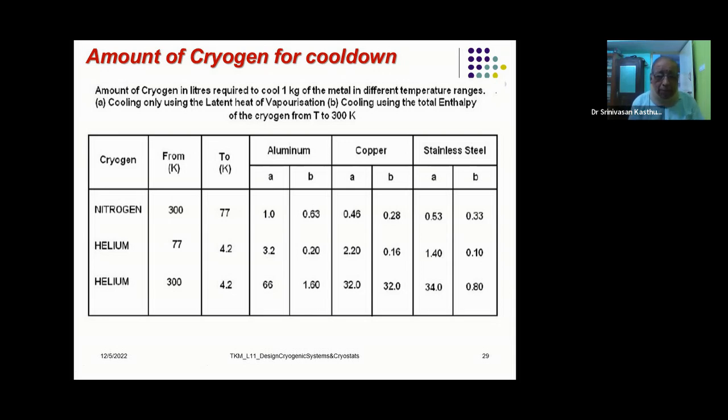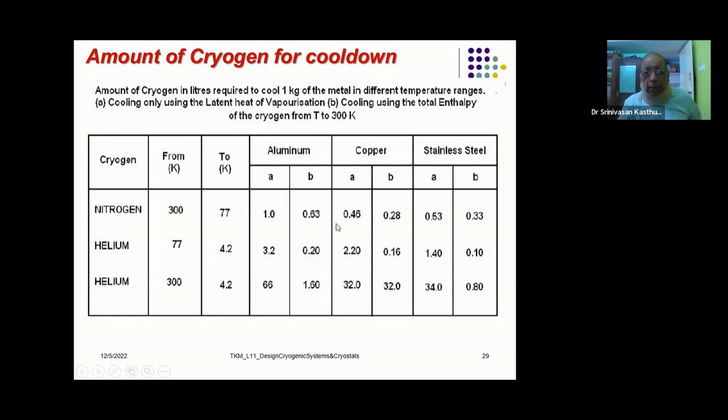Now, if such a thing happens, it's called liquid nitrogen pre-cooling. For aluminum, cooling from 77 K to 4.2 K requires about 3.2 if I am not using the latent heat of vaporization. Whereas if I am using the latent heat of vaporization, then I require a very small quantity, which is only 0.2.